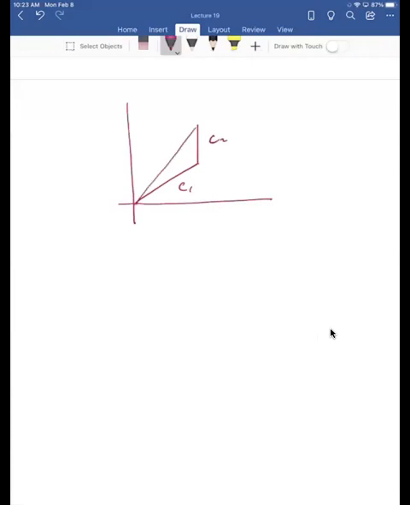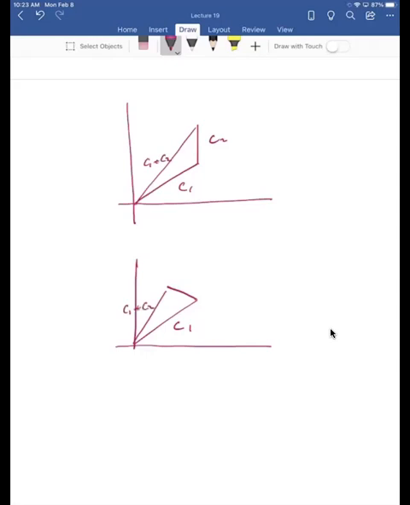But what if C2 had a different phase, right? What if C1 was like that, but C2, I want to make sure C1 is the same, but C2 was oriented differently. It had a different phase. So you can see that the sum will have a smaller magnitude, right? Less than C1 plus C2, okay?